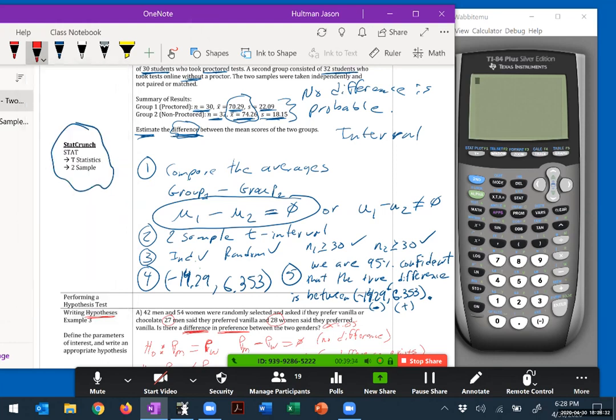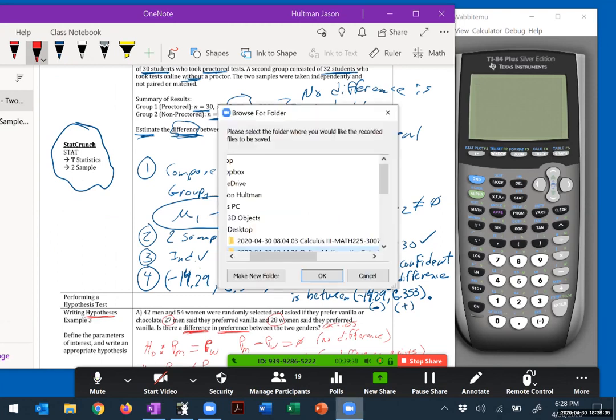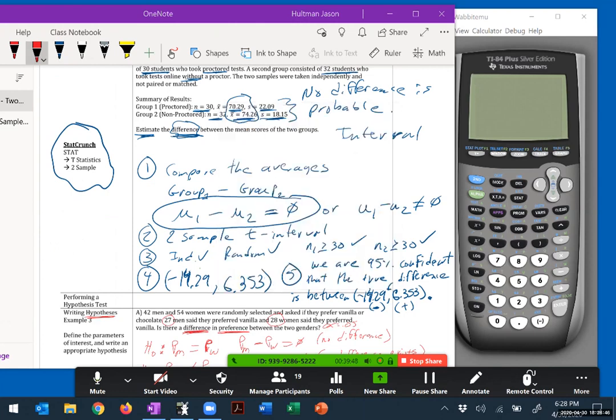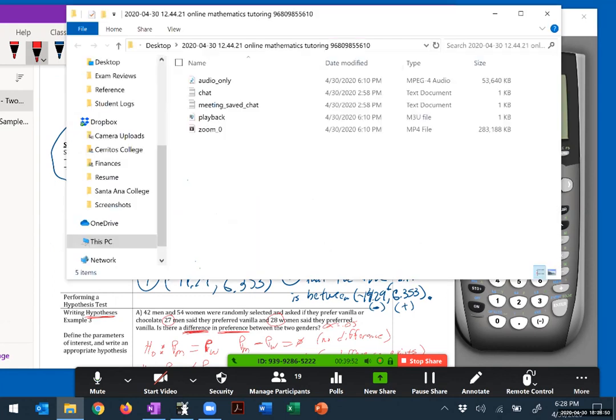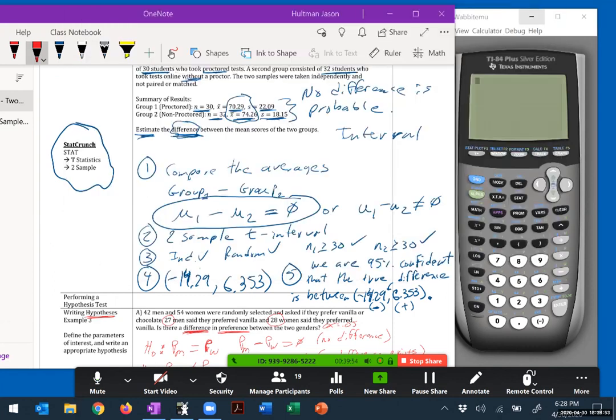Why do I have two of these open? Which one do I want? Cancel. There we go. So now let's go to StatCrunch.